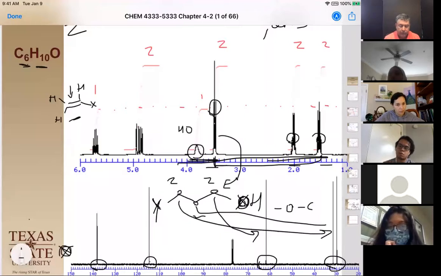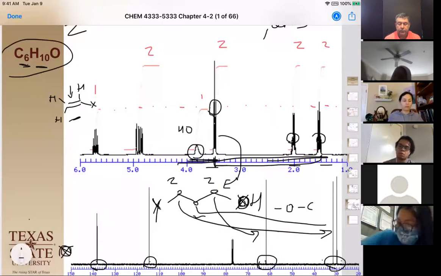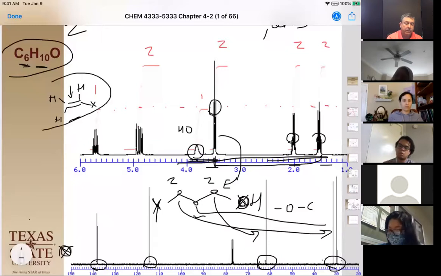We only have 1, 2, 3, 4, 5 types of hydrocarbons, but we have 6 carbons here. So what are we thinking here? 2, 2, 2. So we definitely have this fragment here. How do we get those other parts there with our deficiency?